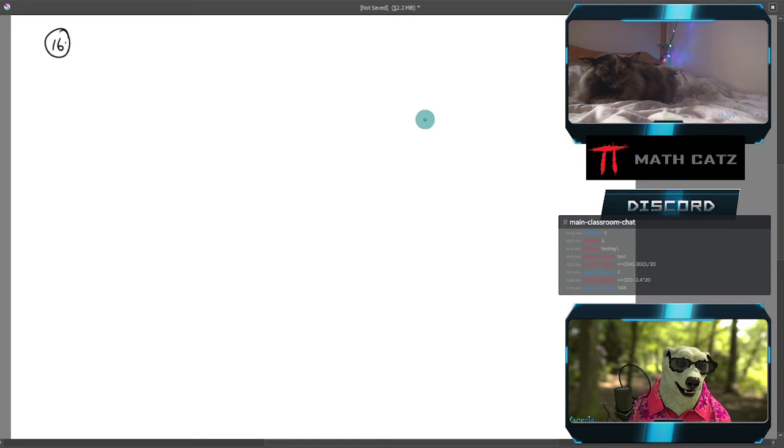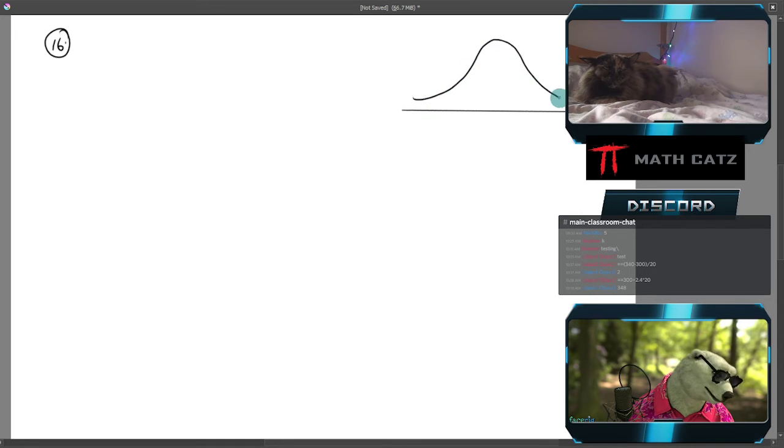If we have a little sketch here of the normal distribution, little bell curve, we have the center there, that's at our 0 z-score, and then going to a z-score of 1 and 2. These areas are 34% and 14%.